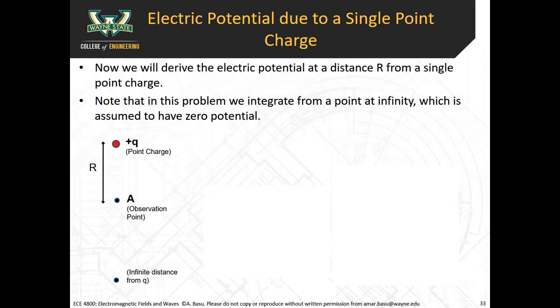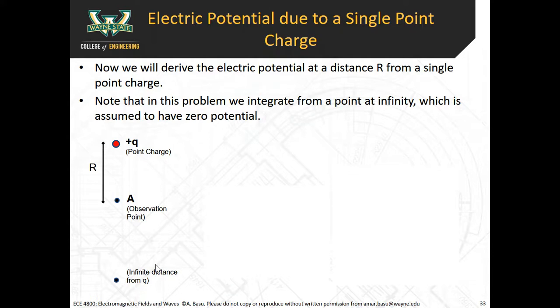So why are we doing this problem? Because this is a derivation for the electrical potential at the point A. So what is the potential at some distance r away from a single charge? Using this integration, see if you can figure out a formula for that.